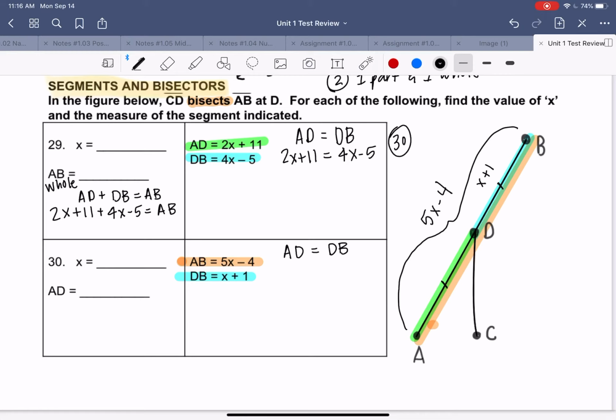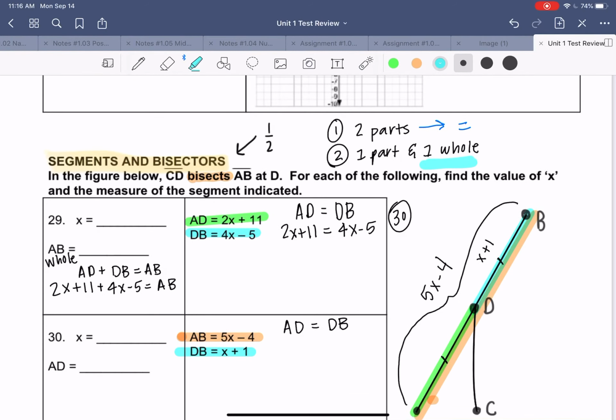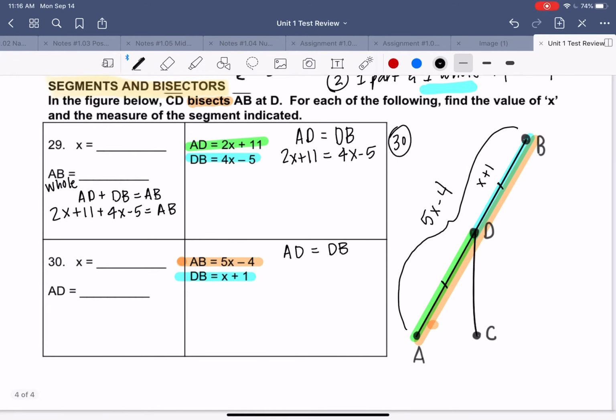Okay. So anytime it gives us a whole, we have to do part plus part equals whole. Anytime it gives us a whole, we are going to do part plus part equals whole. Okay? All right, but we only have one part. Okay, so notice that we only have one part. We only have x plus 1.